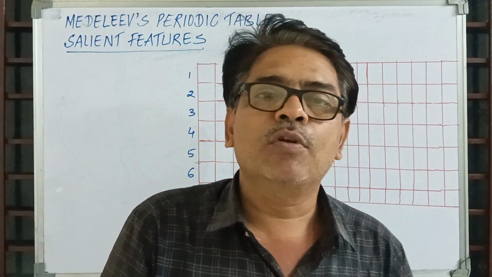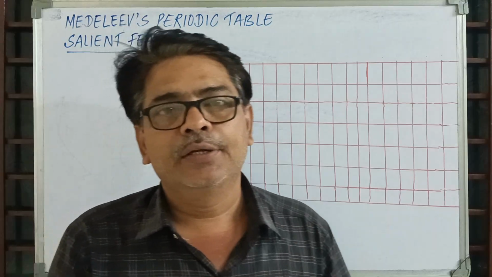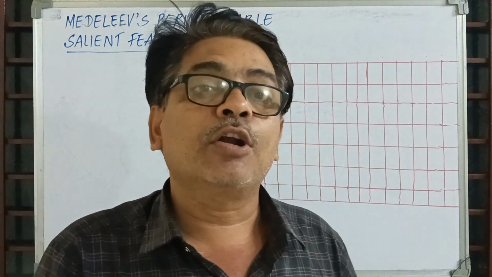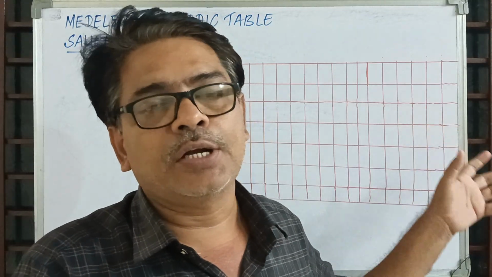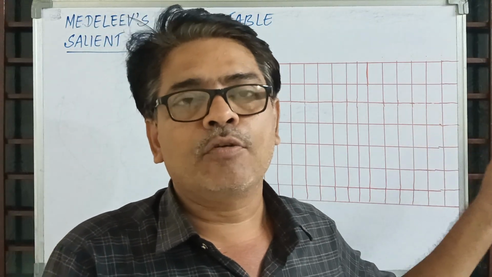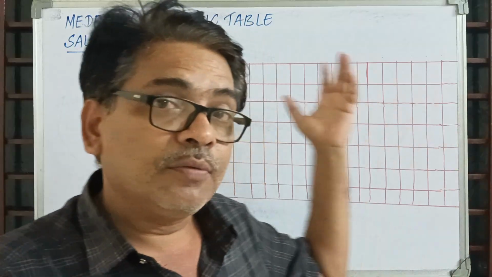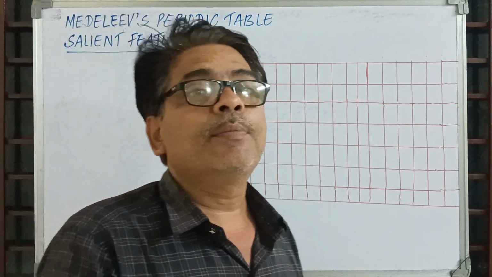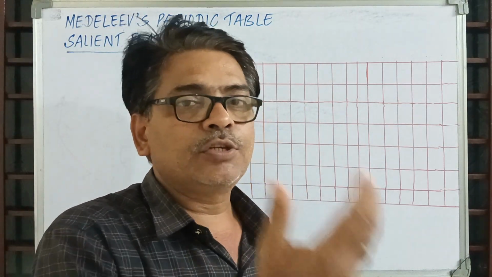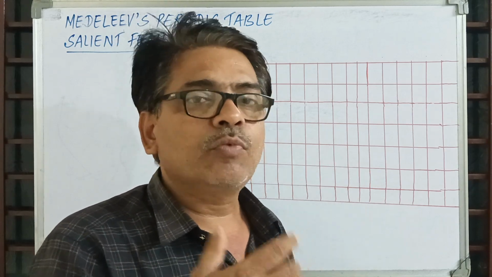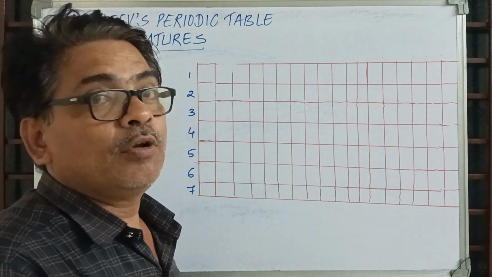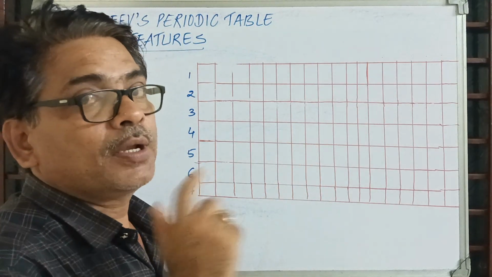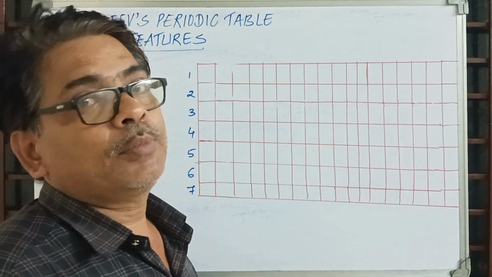Mendeleev was following atomic weight, while today's periodic table is based on atomic number, so it is designed according to electronic configuration. The periodic table designed by Mendeleev, based on atomic weight, is quite different. Now I am speaking of the modern periodic table on the board because I want to compare these two. So I require a modern periodic table.